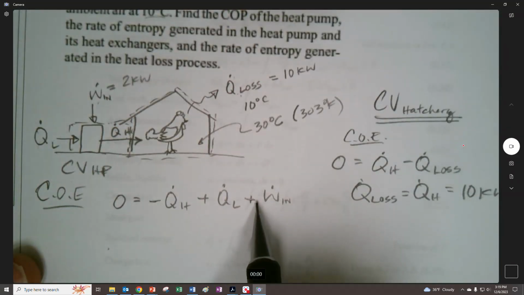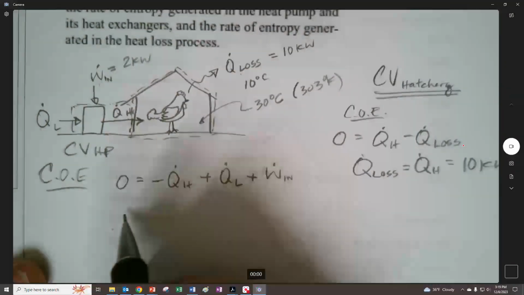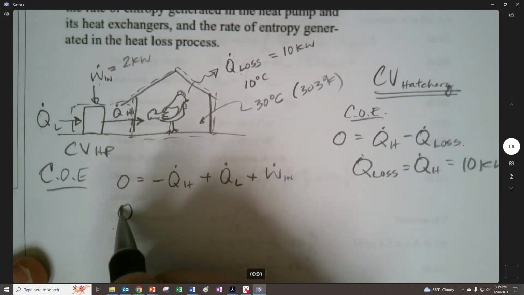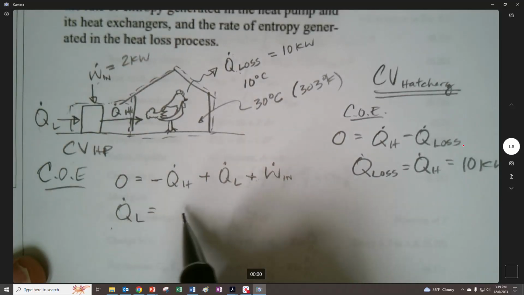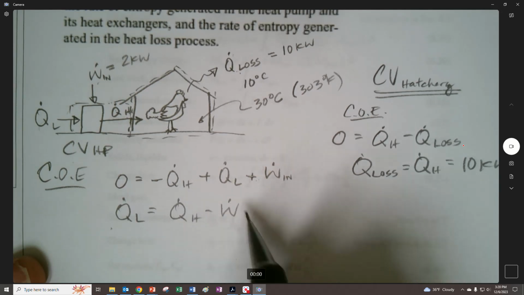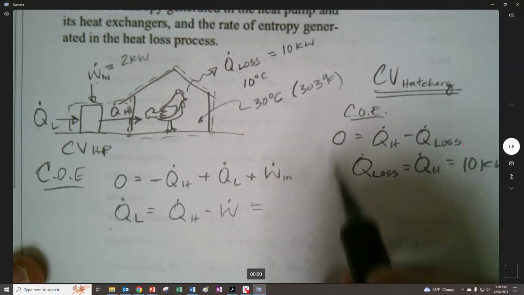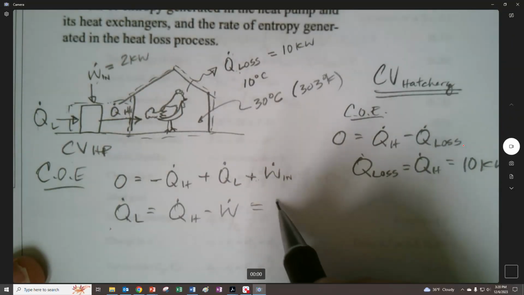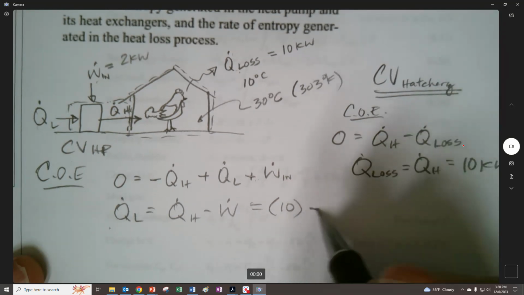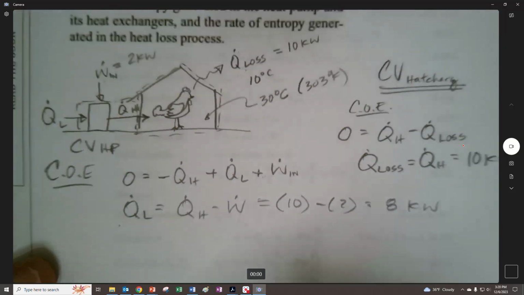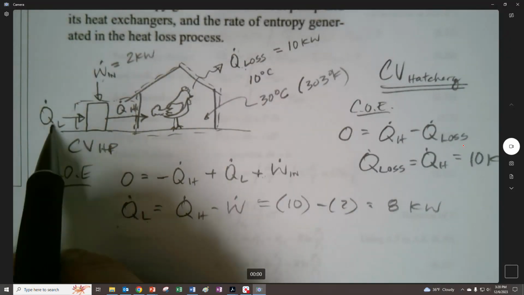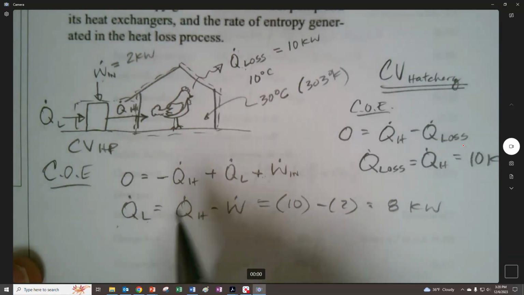It's normally minus, but that's because power is usually out. So anyway, what we want to find is Q dot L. And Q dot L, math is hard, I think it's going to be Q dot H minus W dot in. We just established that Q dot H was 10 minus 2 in, so 8 kilowatts is how much, not loss, that's L, I mean low, the low temperature heat transfer.